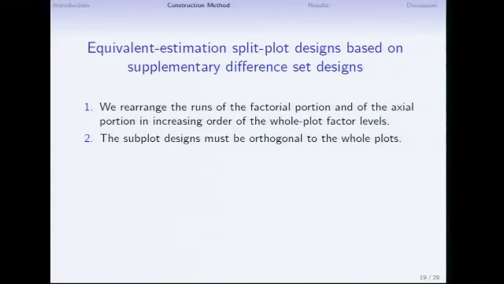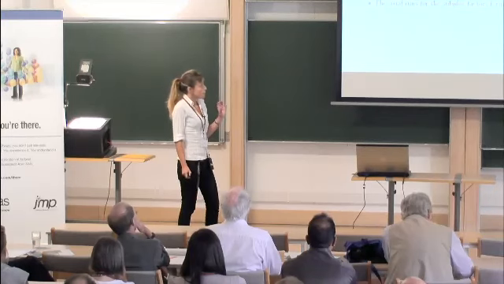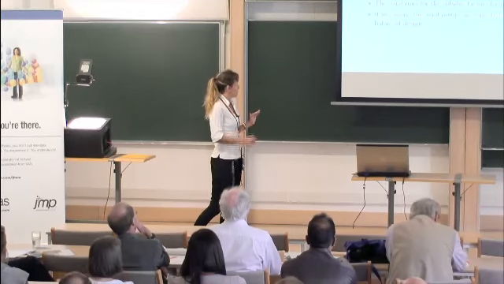Again, exactly as in the subset designs, in order to construct the equivalent estimation designs, we rearrange the runs of the factorial portion and of the axial portion in increasing order of the whole plot factor levels. And again, the subplot designs must be orthogonal to the whole plots in order to maintain the equivalent estimation property. So, in this construction, the axial runs for the subplot factors form a single whole plot.